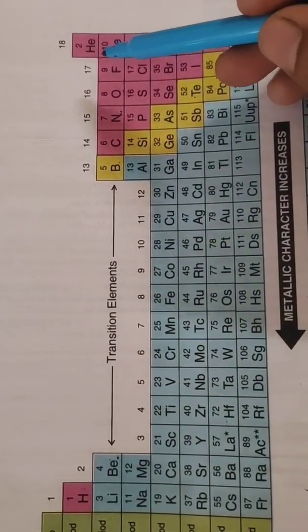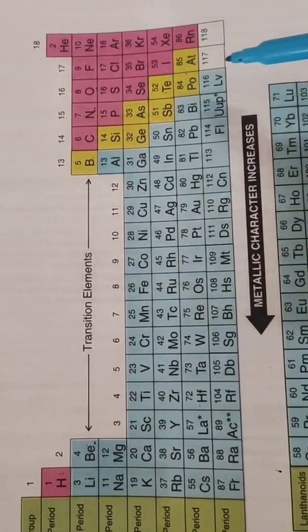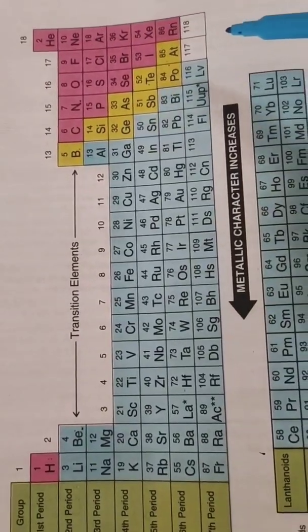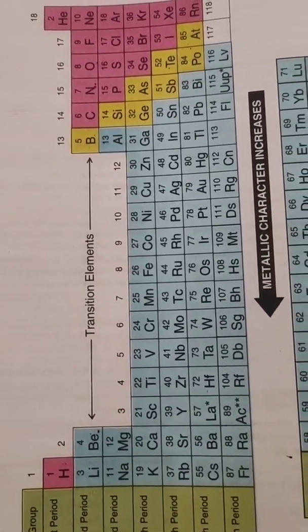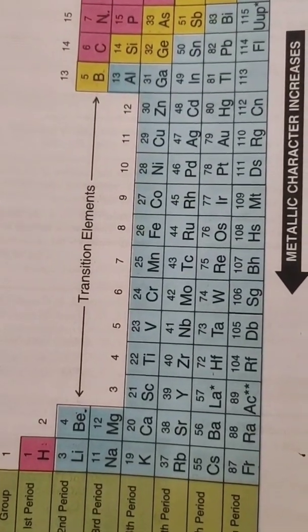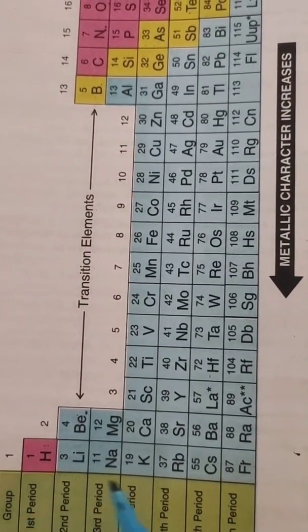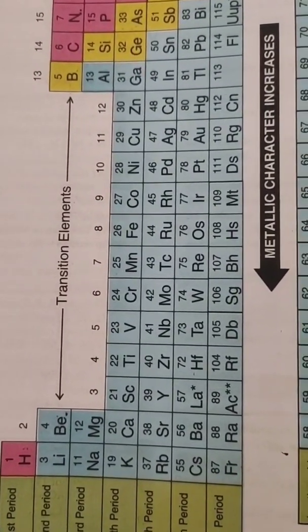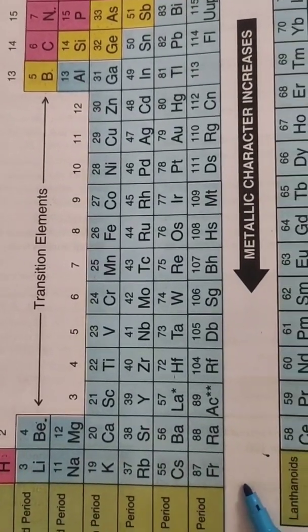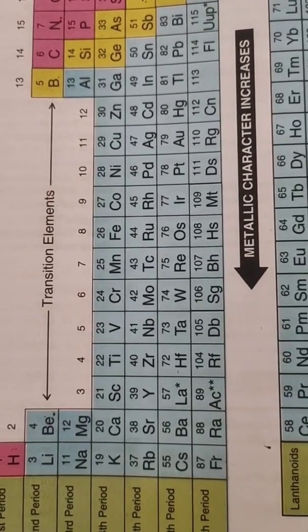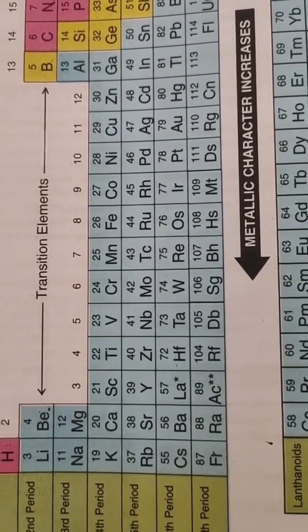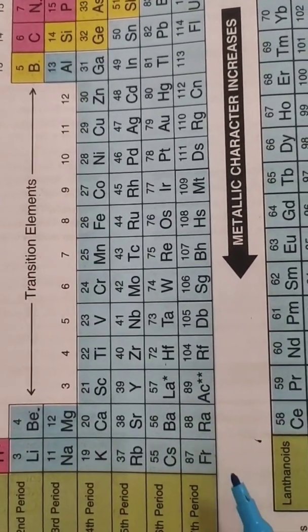But group number 18 will have a less negative electron gain enthalpy. On moving down the group, from top to bottom, the nuclear charge will also increase, but the effect of the increase in the atomic size is much more pronounced.